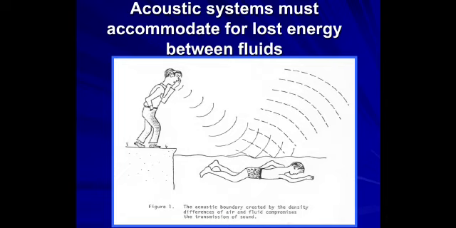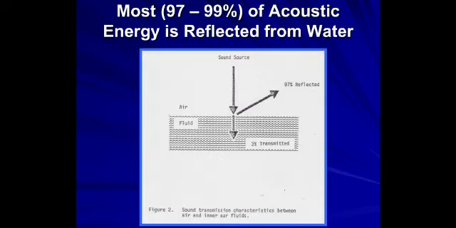The acoustic system must accommodate for the lost energy between fluids. As you see, the acoustic boundary created by the difference in density of air and the fluid compromises the transmission of sound, and most of it is deflected back.